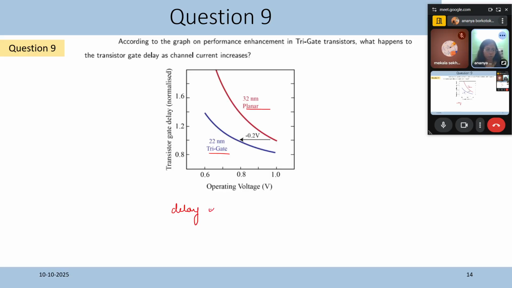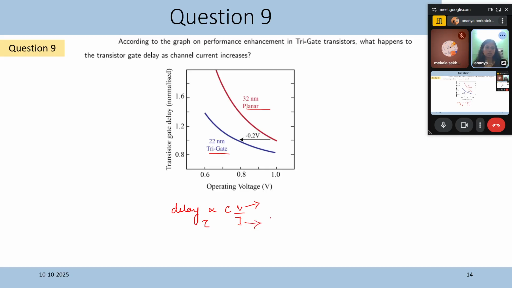Delay is like tau, and we consider the MOSFET like a resistor and a capacitor, so the delay is equal to R into C. C we know is the total capacitance, and the resistance R is V by I. The voltage we scale, and also we scale current.